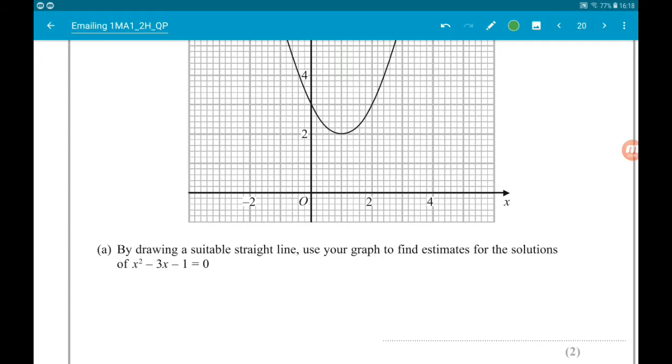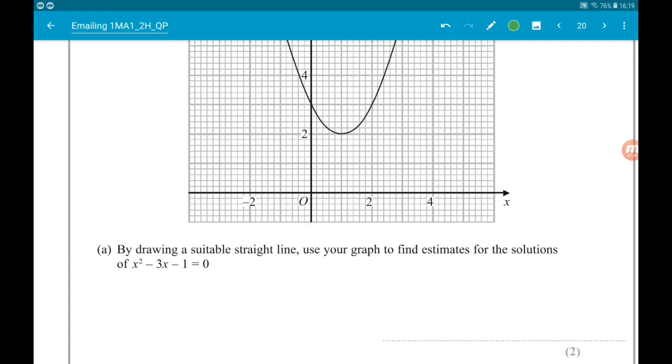Well, what we need to do is turn x squared minus 3x minus 1 into x squared minus 2x add 3. And what that's going to give us, when we've done that, on the right, we're going to end up with the equation of a straight line. And then we're going to draw that straight line, and then where that straight line and our graph meet, those are the solutions.